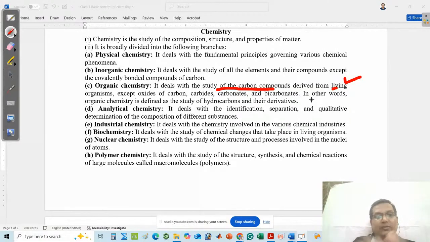In other words, you can simply say that the study of hydrocarbons and their derivatives is called organic chemistry. These three chemistries are very important for you. In organic chemistry, you will read chapters like alkane, alkene, alkyne, benzene, haloalkane, haloarene, alcohol, phenol, ether, aldehyde, ketones.